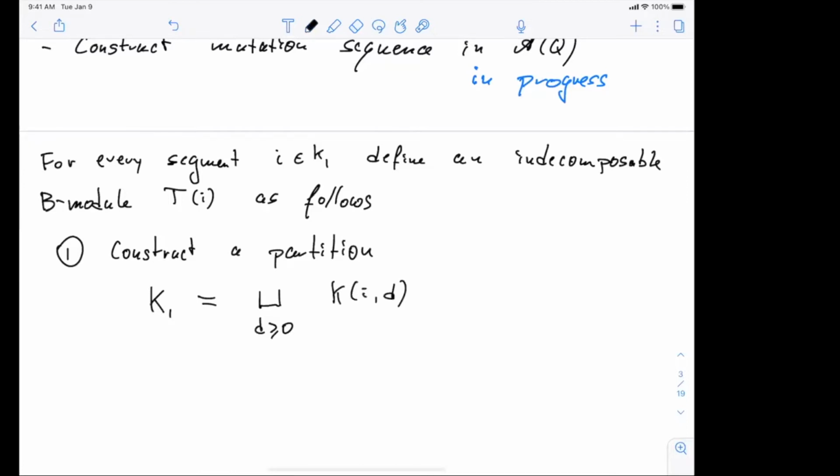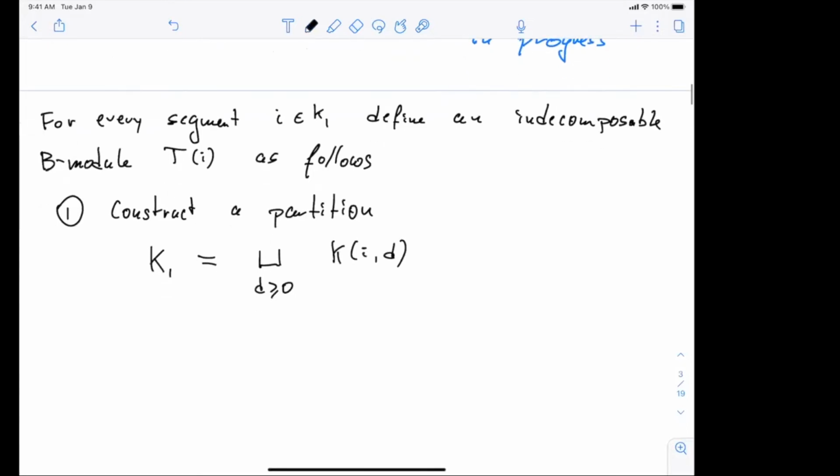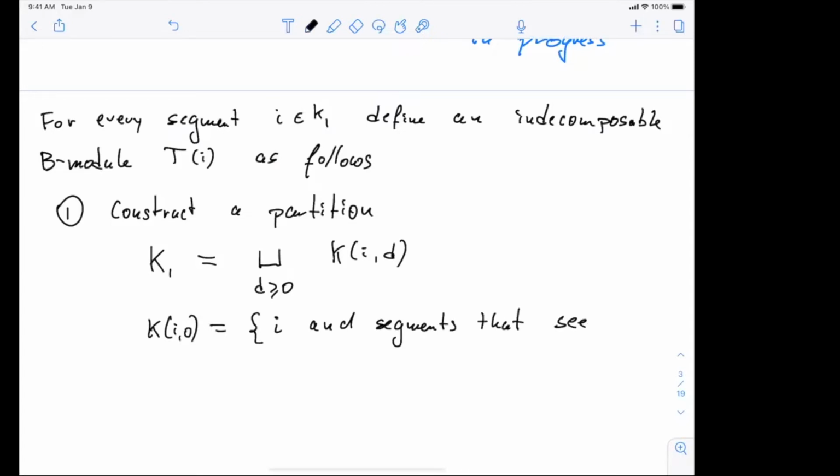So this partition will depend on the chosen segment I. How does this go? K_I^0 is going to be the set of segments. Well, first I take I, and I take all the segments that see I. And I want to illustrate this right away in the example.